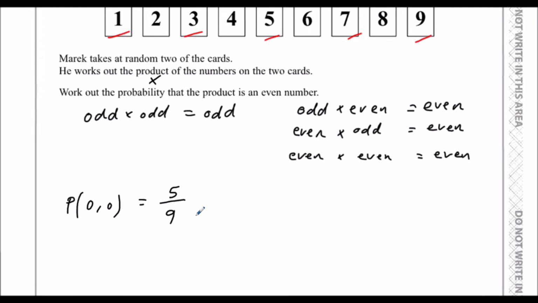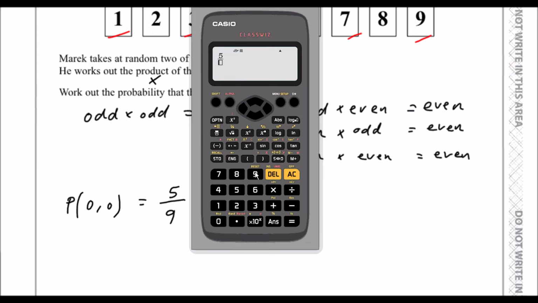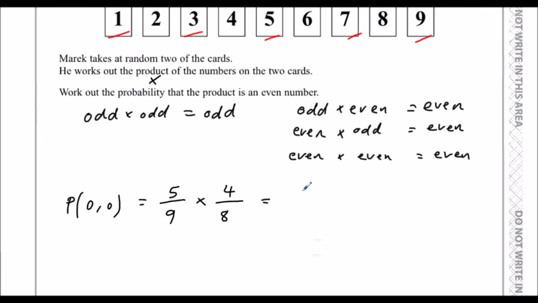And then we could have drawn a tree diagram for this as well. But if we've taken 1 number away, there are now 4 odds left out of 8 in total. So the probability of odd then odd is 5/9 times 4/8. 5/9 times 4/8 is 5/18.